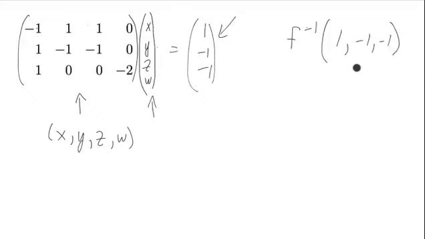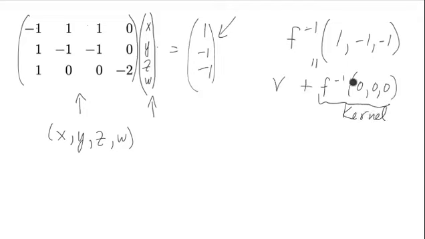Now, this matrix function is an additive function, which means every single fiber, if it's non-empty, is simply a shift of the zero fiber. So this will be equal to some vector, just one vector, added to all of the fiber over zero, which is called the kernel.